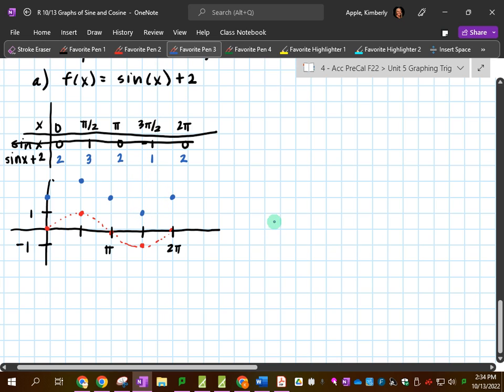This one becomes 1, and this one is 2. And so there's your vertically shifted sine. And there's your midline, and we label that as y equals 2. And this is the parameter of this one. Just shifted it straight up.